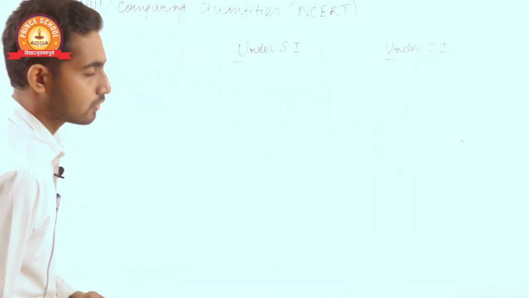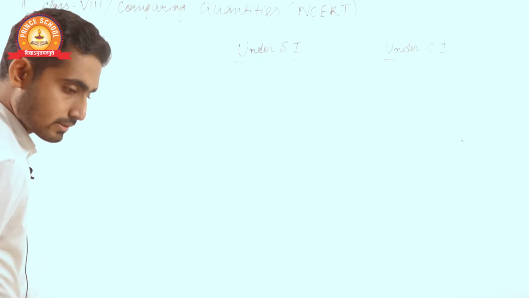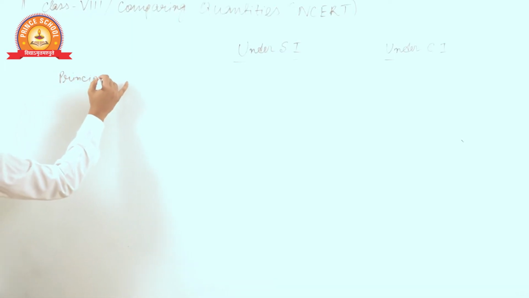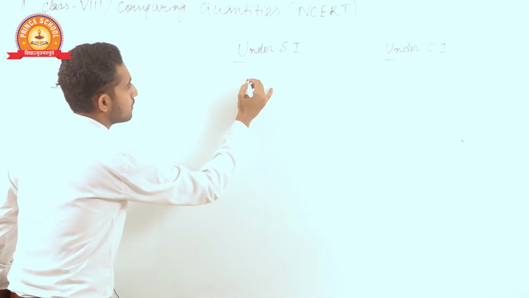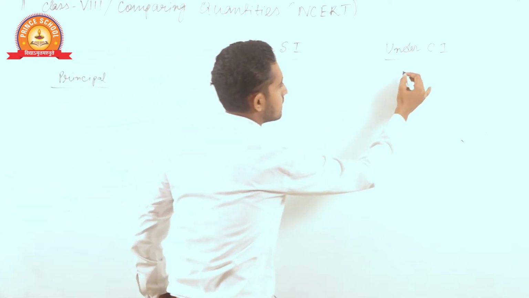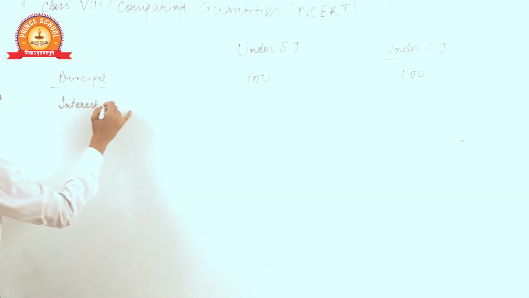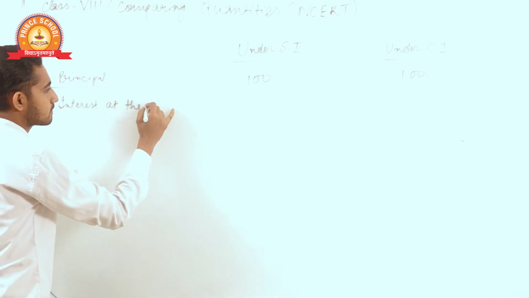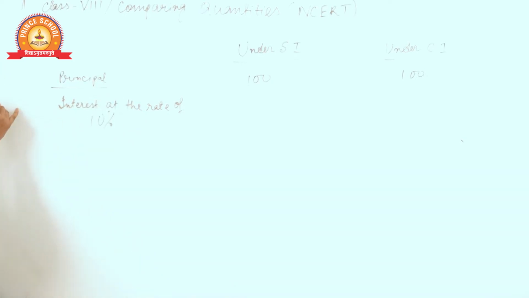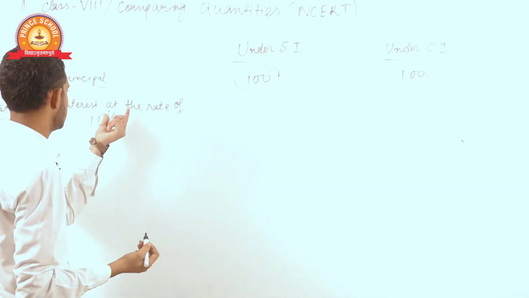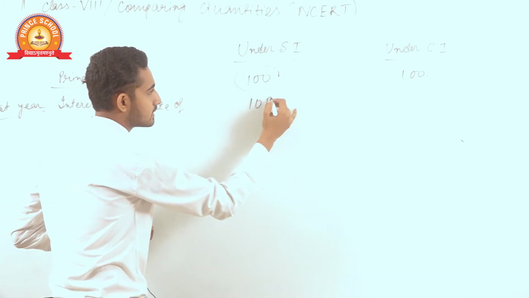First of all I will take principal, that is 100 rupees in both cases, and interest at the rate of 10%. We have to find out for the first year. Okay. So in 100 rupees, what is the interest at 10%? That is 10 rupees.